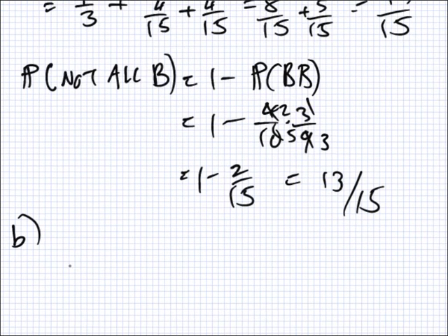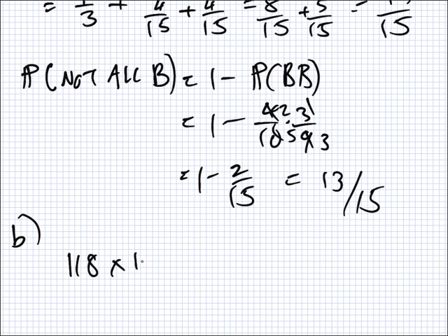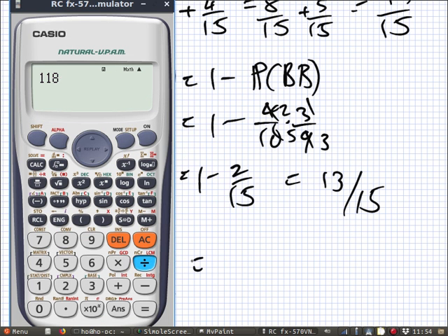B, convert 118 degrees into radians. How many marks do we have? 2 for the first part, and this is 1 mark only. I put 2 answers. Decimal and fraction? No. Pi over 180 and 8.